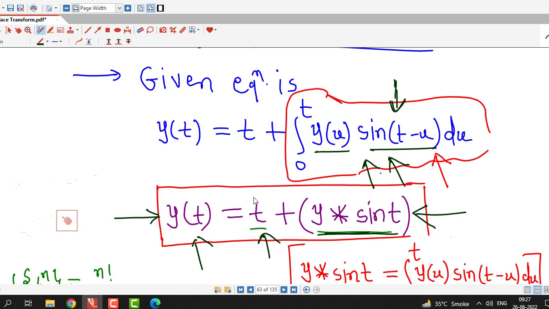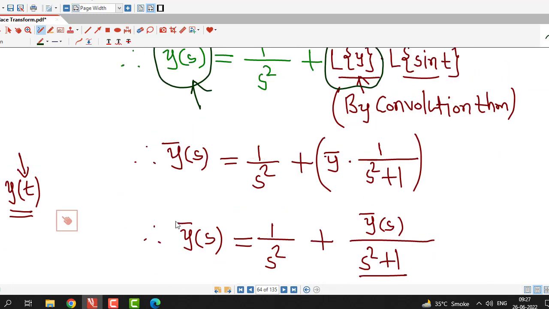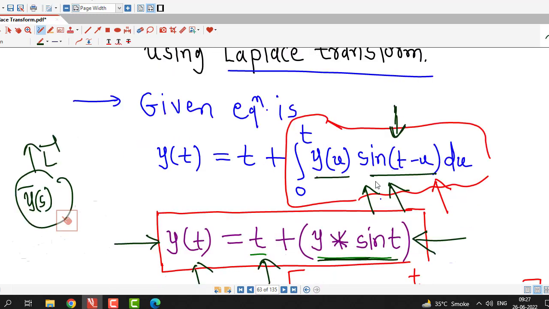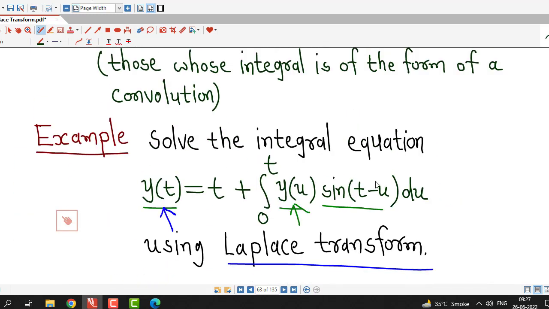You have to first apply the Laplace transform, and you will obtain y bar, that is the Laplace transform of y of t. And to obtain y of t, we have to find the inverse Laplace transform of y bar. Those things are familiar to us. The only new thing is to write down the integral as a convolution of two functions. Okay, fine. I stop here.